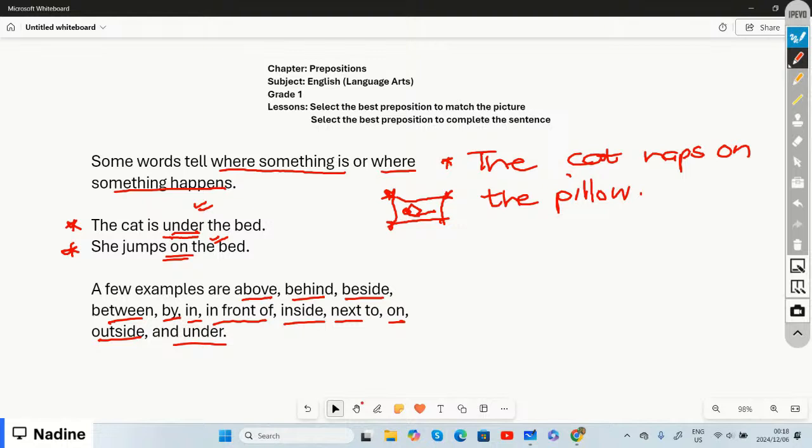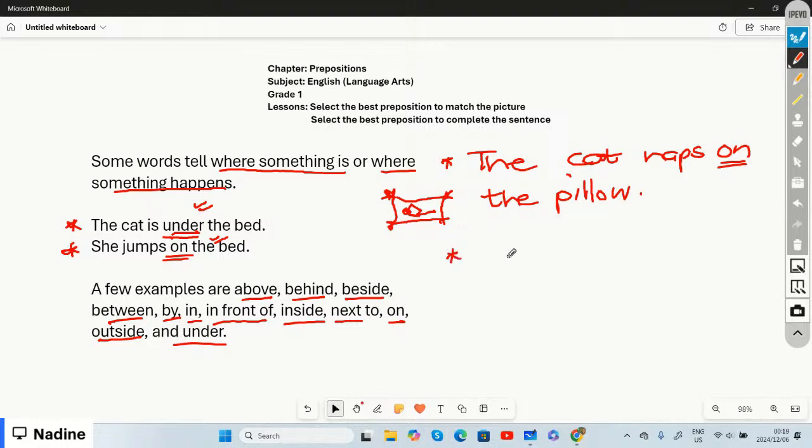We can say it's on. So on is a preposition because it tells us where the cat naps, where something happens. Yes, well done. On is correct.